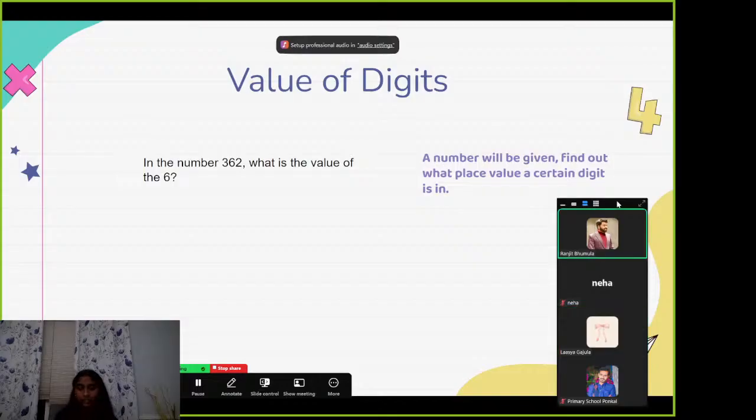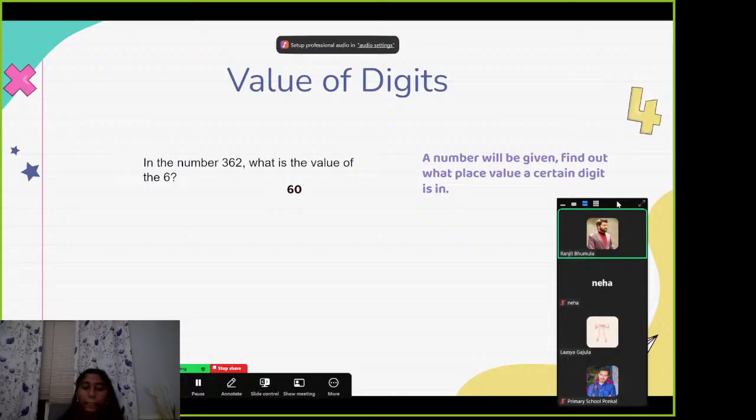So the answer to this is 60, because the 6 is in the tens place, and for a 10 to be qualified as a 10, it needs to have a 0 in the ones place.